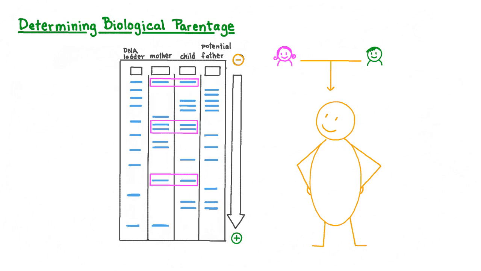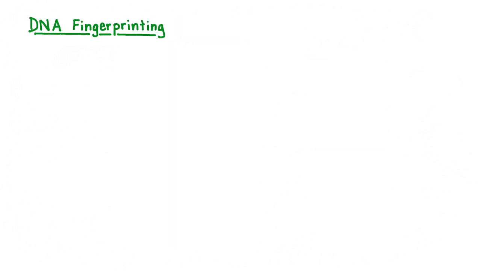Then, the remaining portions of the child's DNA fingerprint are compared against that of the potential father to see if they could have been inherited from him. In this case, all of the remainder of the child's DNA fingerprint that doesn't match the mother matches portions of the DNA fingerprint of this potential father. So it's very likely that this man is the biological father of this child.